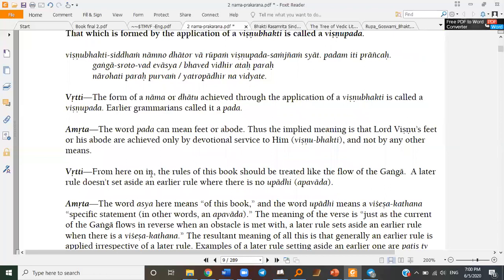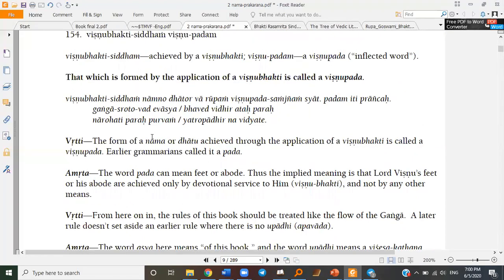From here on in, the rules of this book should be treated like the flow of the Ganga. A later rule does not set aside an earlier rule where there is no Upadhi Upavada. It simply means that, like in the grammar there are 7 chapters and this is the second one.